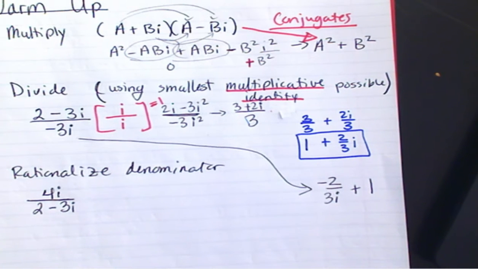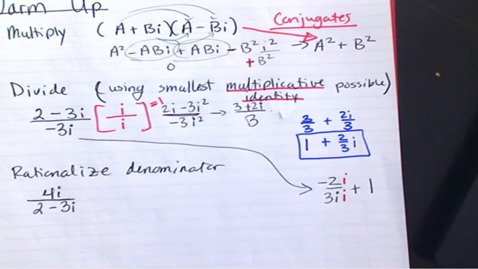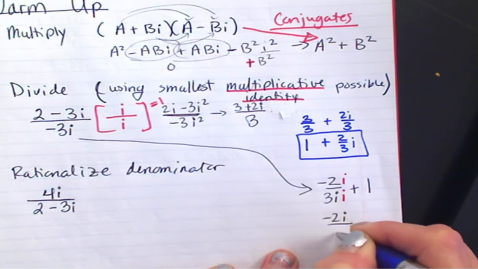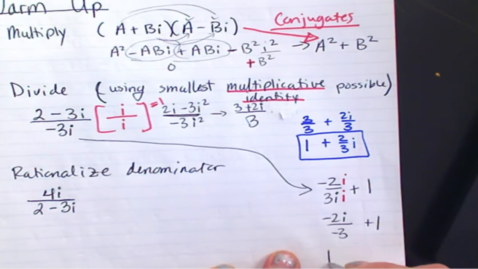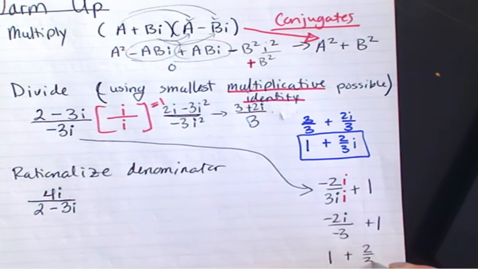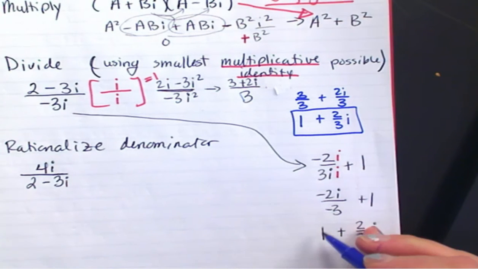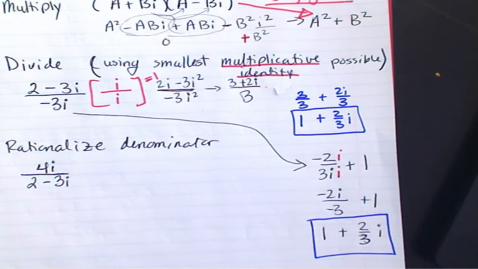Could I do my multiplicative identity here by multiplying by i on the top and the bottom? Yes. I could do that, but look how I ended up in the same place. There's multiple ways to get there. You just have to make sure that you're doing your properties correctly.